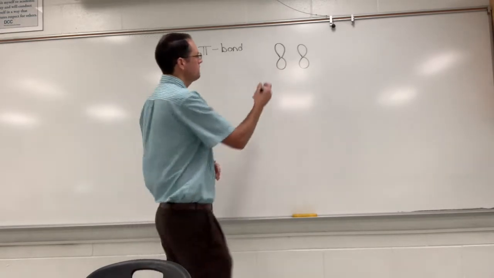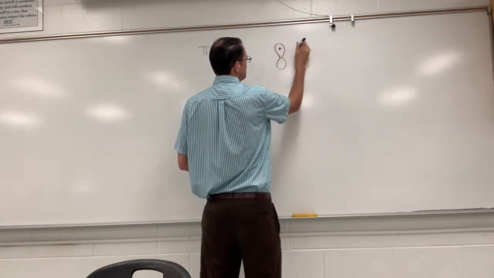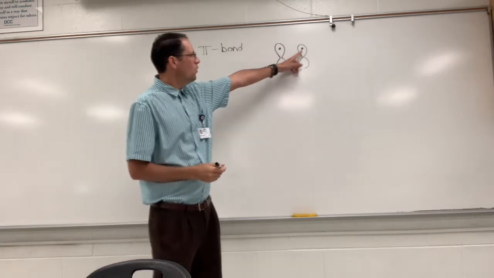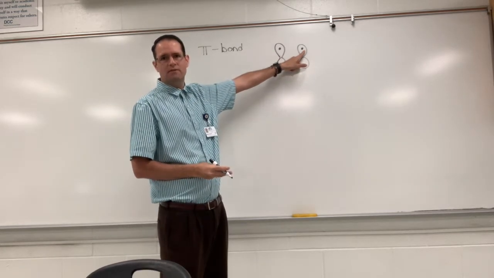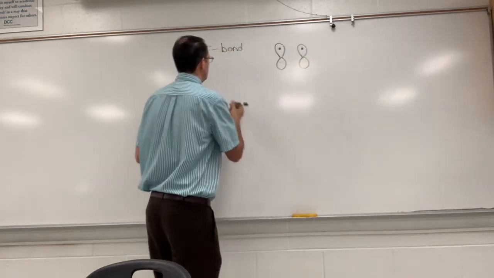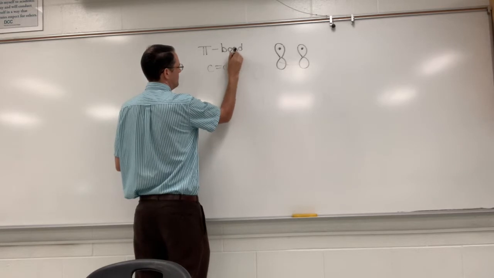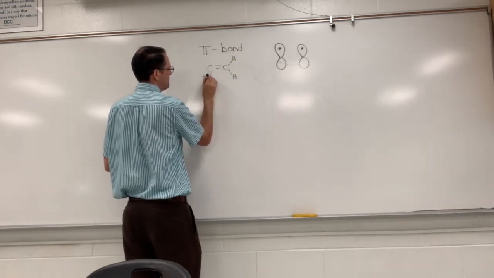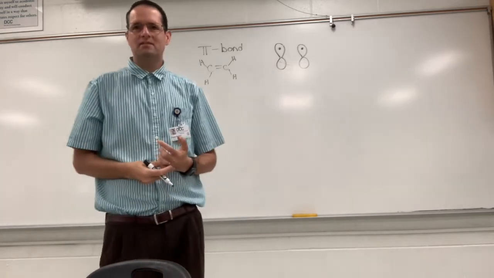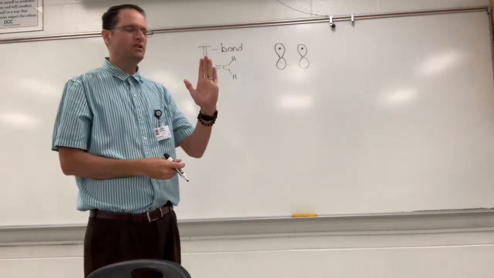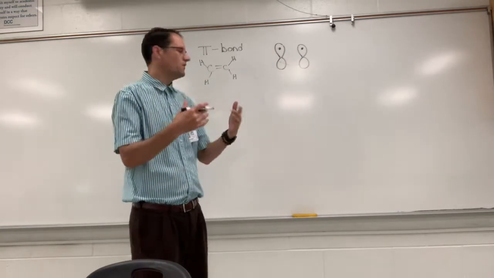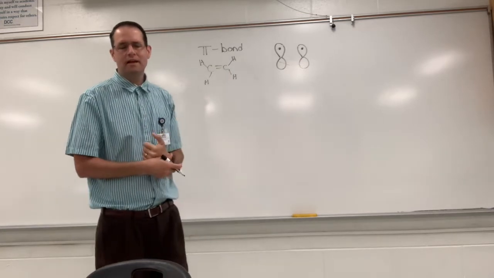Now, in the textbook, they might show one electron in this p orbital on the top lobe, one electron on the top lobe of this p orbital, and that's the pi bond, for example, in ethylene. So these two p orbitals might be on a carbon atom that's sp2 hybridized. It has a leftover p orbital, and there's one electron on that carbon, one electron on that carbon, and that forms the double bond, or the pi bond, in ethylene.